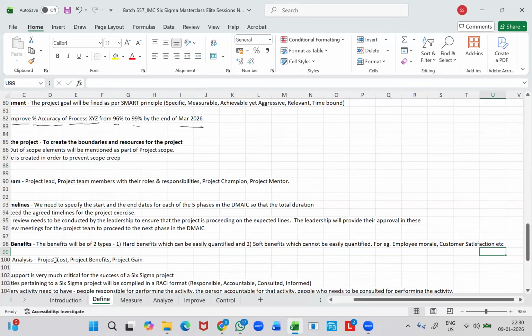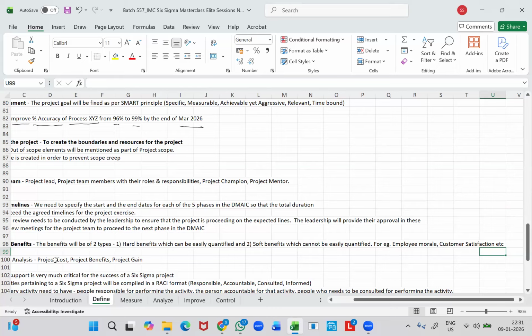The hard benefits will be those which we can easily quantify. In fact, we can take a clue from the business case. In the business case we would have actually stated all the negatives, right? When we successfully close the project exercise, those negatives are likely to become positives, correct? So in the business case, you would have quoted all the negatives.